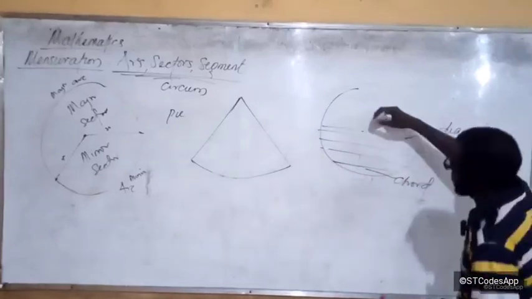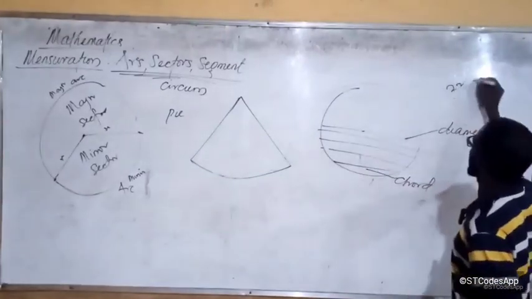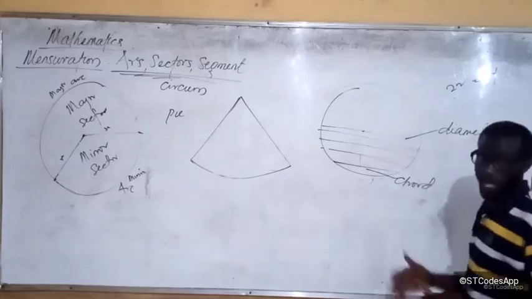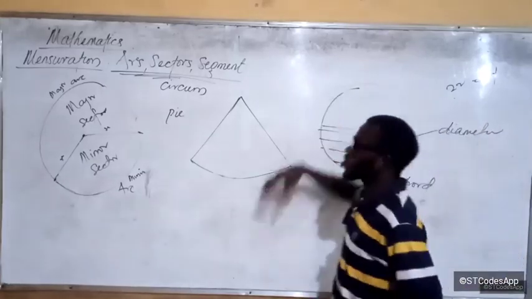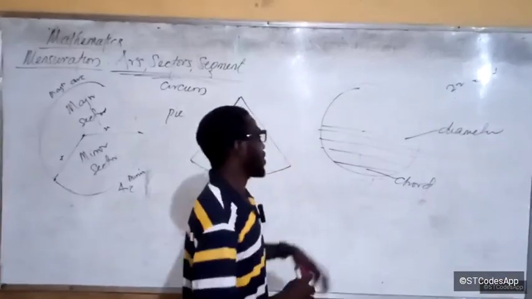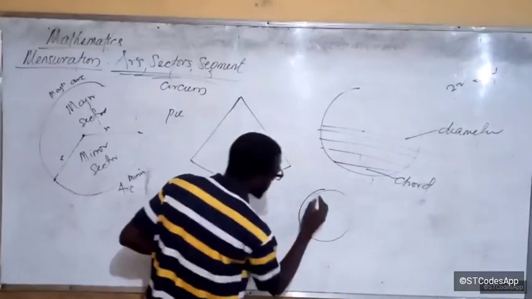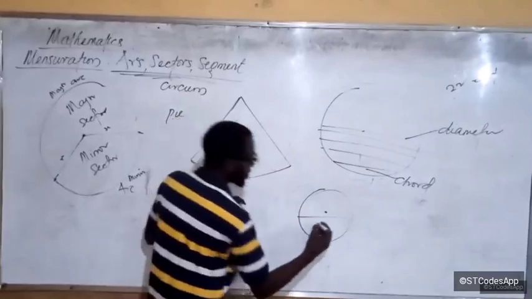And notice it is made up of two radii too. Is that okay? So two radii will give us a diameter. The diameter is the longest chord, because if you pass the center again going forward, you are going to have smaller chords. What does a chord do? A chord splits a circle into two parts also, which are what?